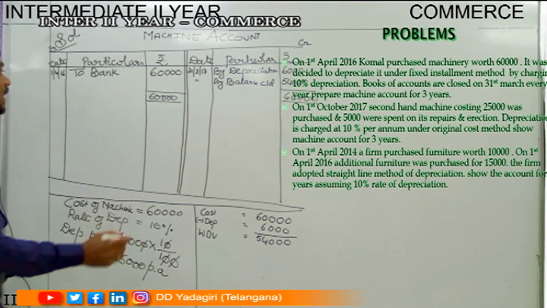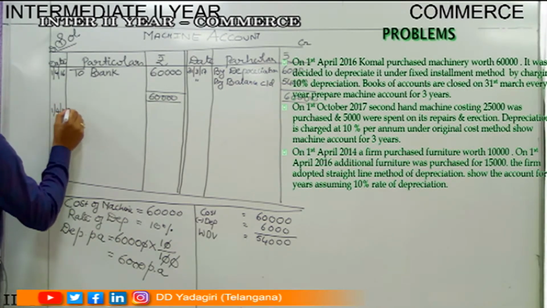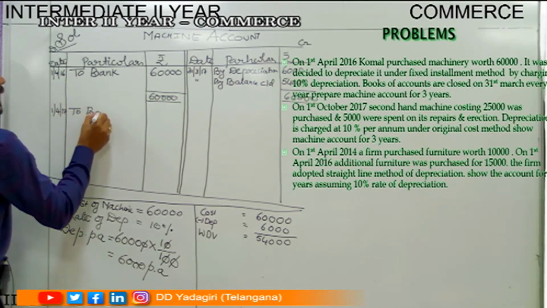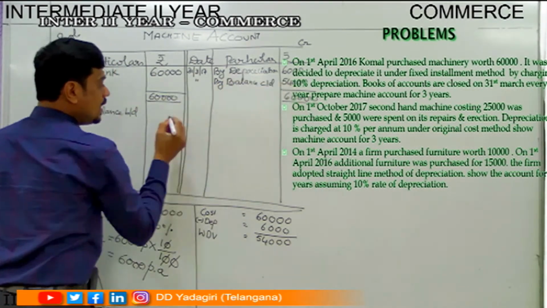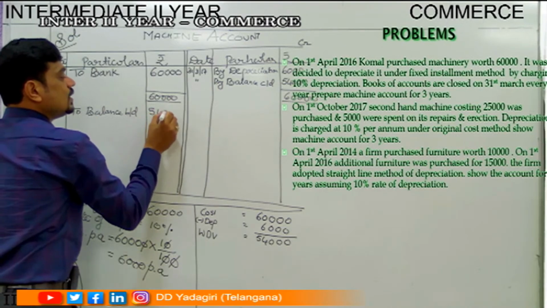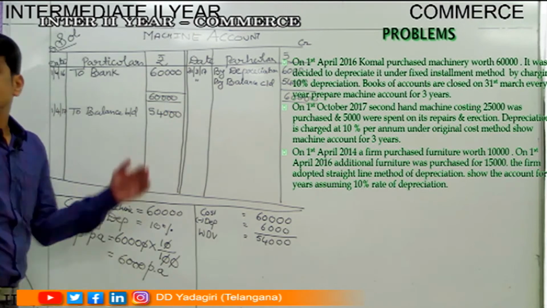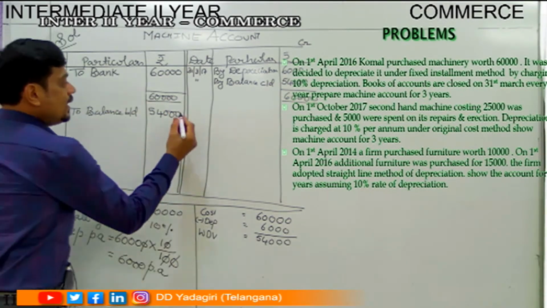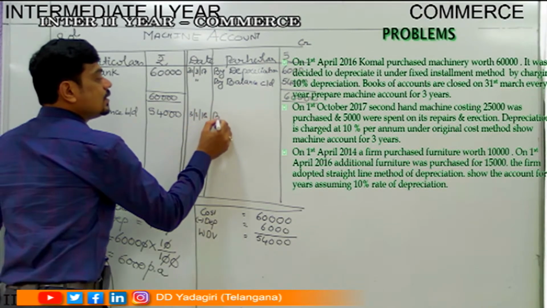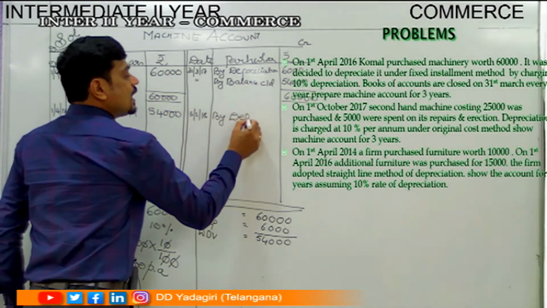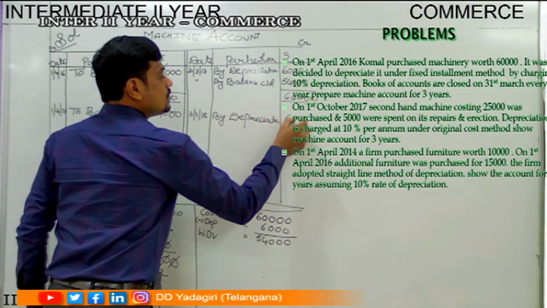When will the next year start? The next year will start on 1st April 2017. To balance brought down, how much balance is there? 54,000. So what did I say? Gradually the value of the asset decreases. Again next year, 31st March 2018, we'll charge depreciation, by depreciation 6,000.